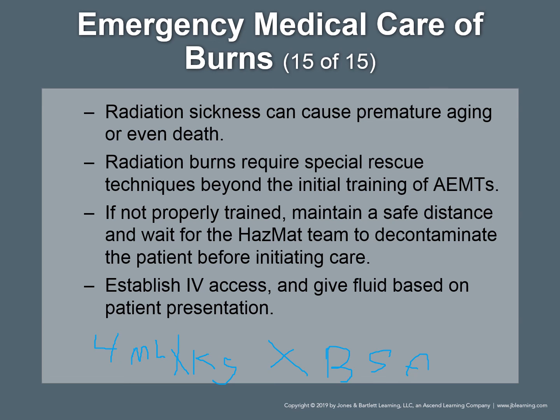Okay, and you'll get some ungodly number like 10 or 12,000 milliliters. First 8 hours they get half. Okay, the next 16 hours they get the second half. Okay, so that's the Parkland burn formula. We'll talk more about that when we get to IVs and fluid replacement. Just wanted to kind of lay that foundation and put that in the back of your head.